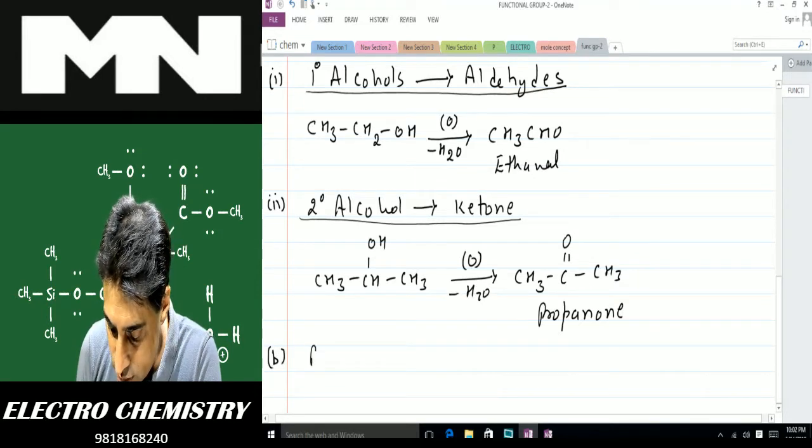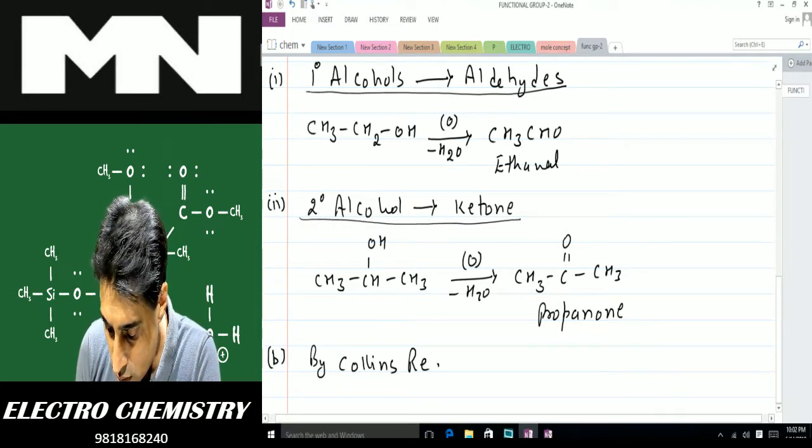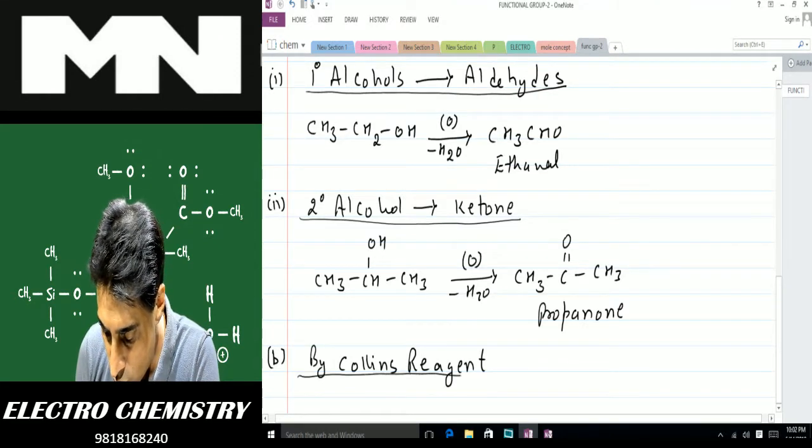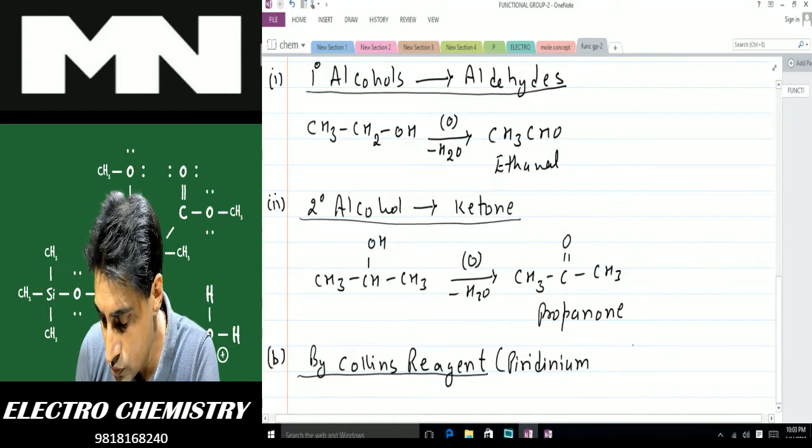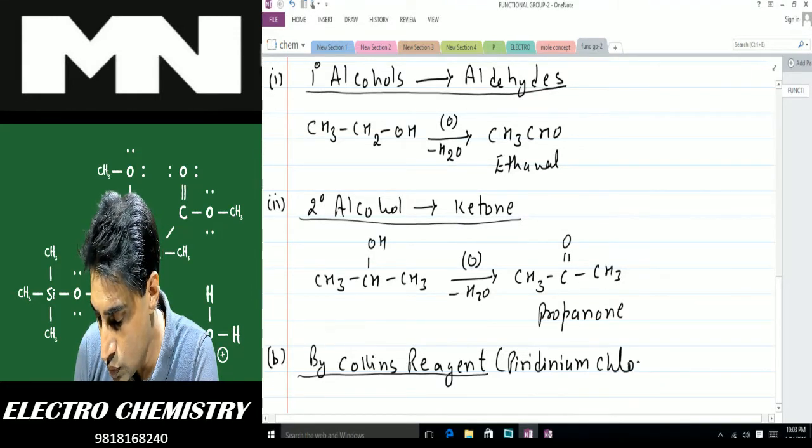So instead of KMnO4, we can use a weak oxidizing agent like Collins reagent. Well, what's Collins reagent? Its other name is pyridinium chlorochromate.